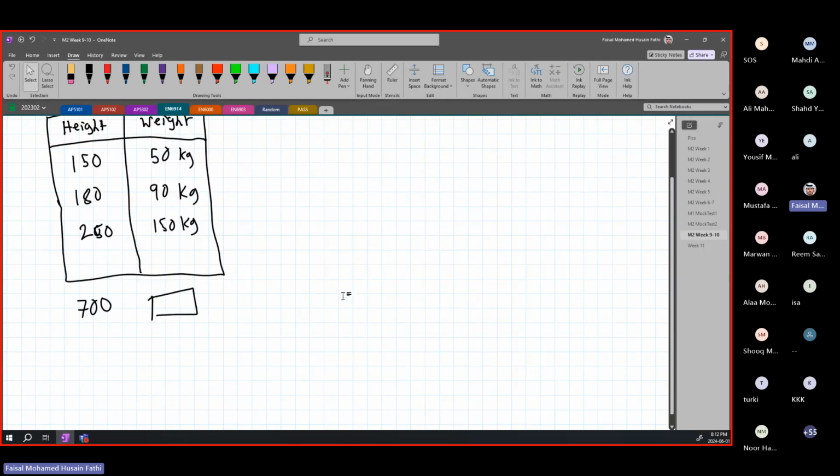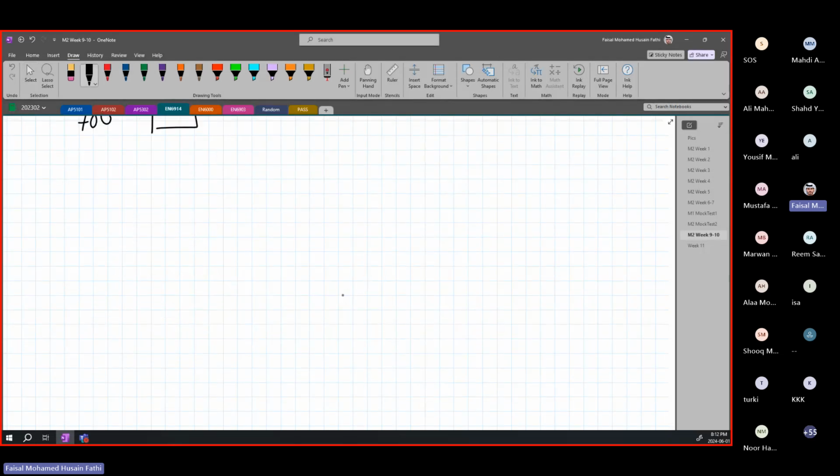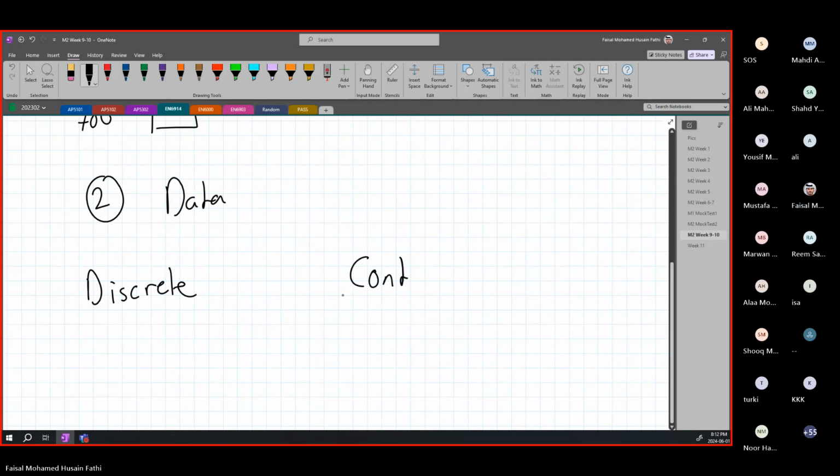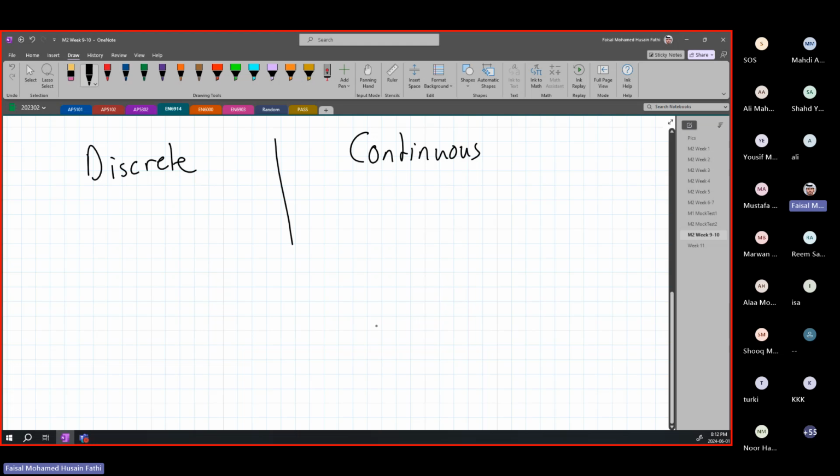In our case, when we're talking about statistics, there are two types of value or data that we need to look at. So two types of data. There is discrete and there is continuous. Okay. What is the difference between these two? Discrete is something you can count. For example, if you have a number of, I don't know, boxes.